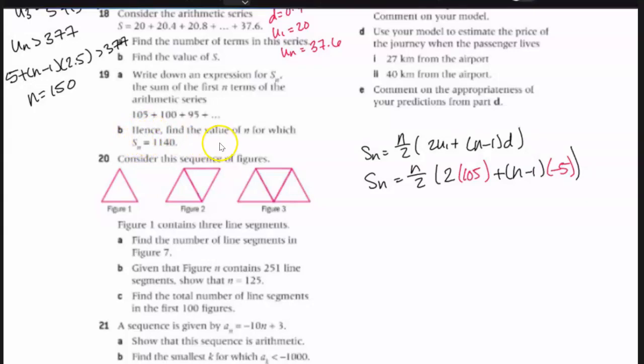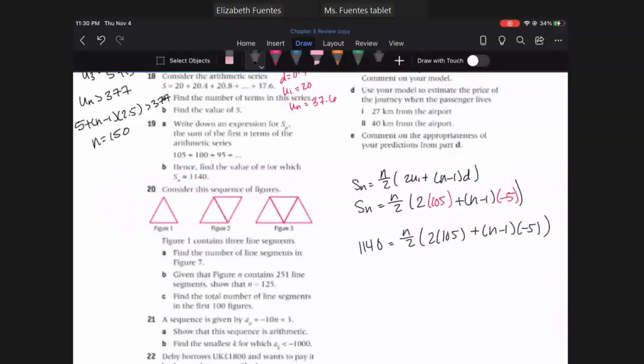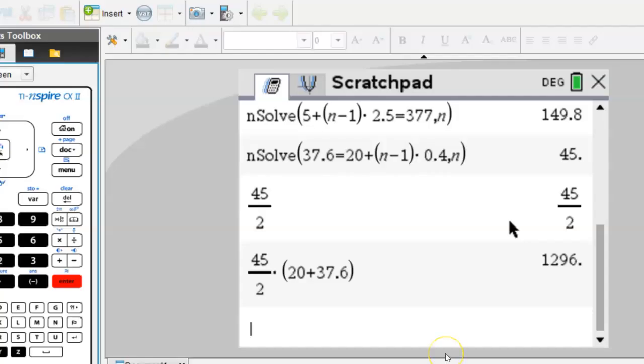Hence, find the value of n for which S of n is 1140. So I need to solve for n. So I can plug this into my calculator. You can also simplify if you want. So for example, before putting in my calculator, I can simplify 2 times 105. But let me put this in my calculator.